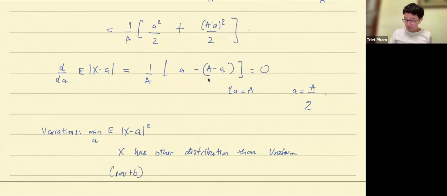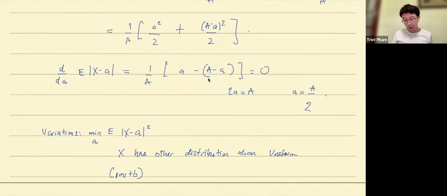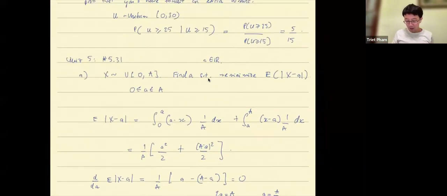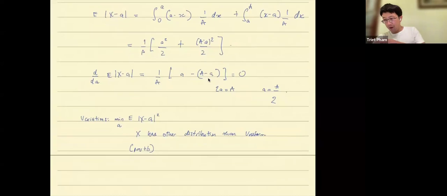But the point is that this answer doesn't have to be obvious. It just happens to be this way, which is intuitively okay, because the location of the accident or the breakdown is uniform between 0 and A. All right, any question?